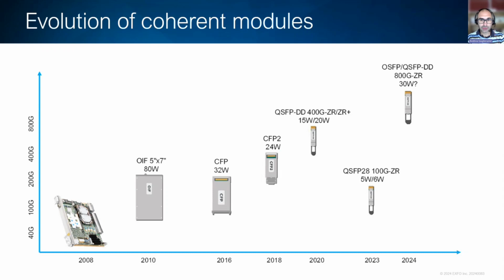This type of technology, with the first 40 gig coherent line card launched in 2008 by Ciena, has definitely seen, as we show in this chart, many progresses through the years, mostly thanks to the advancement in component integration and miniaturization, which allowed a significantly lower cost per bit, reduced power consumption, and of course increased port density.